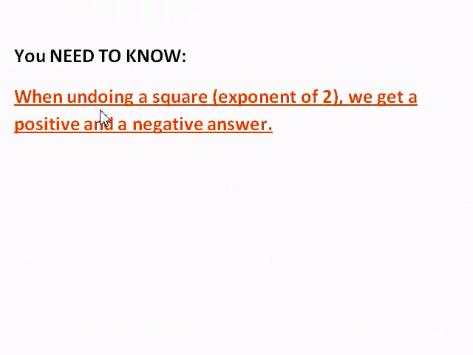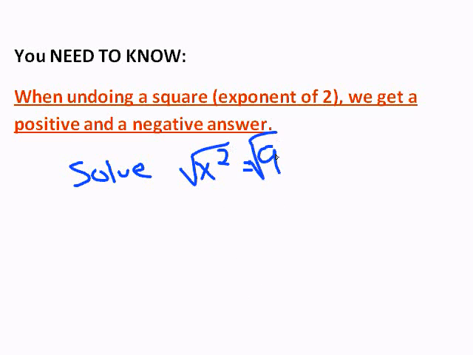So this is another important piece of information you need to know. When undoing a square, an exponent of 2 that is, we get a positive and a negative answer. So for another easy example, if you were asked to solve x squared equals 9, to do that we would get rid of the square by taking the square root of both sides.